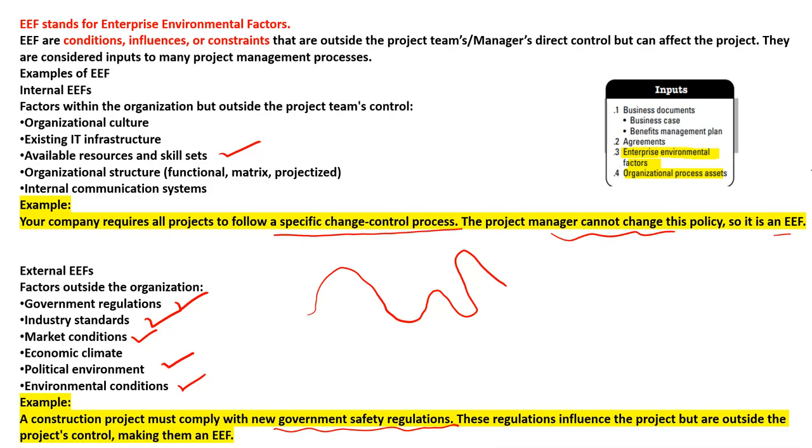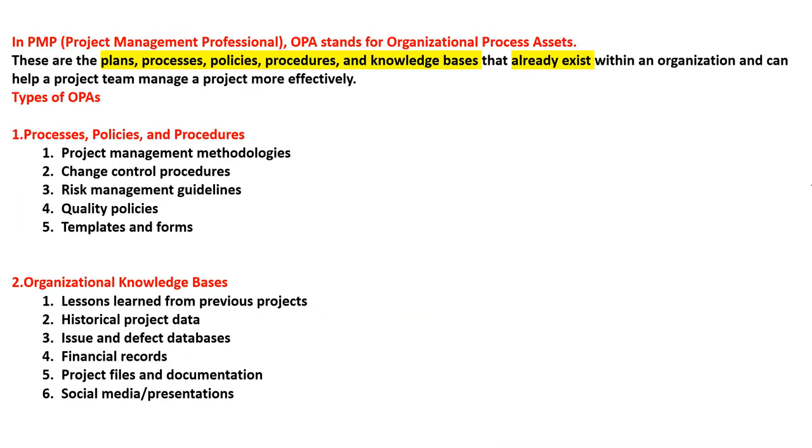So I hope this is clear to you: anything which the manager cannot control is an enterprise environmental factor. Now we will talk about the OPA, organizational process assets. Here I will explain organizational process assets simply. It is divided into two parts.